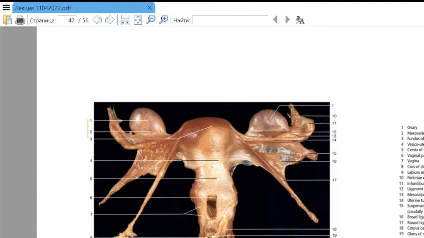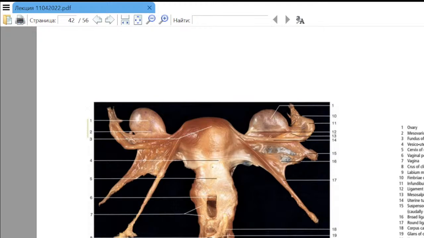What we see: ovarium. This is the fallopian tube. This is the uterus, fundus. This is the body, isthmus, cervix.